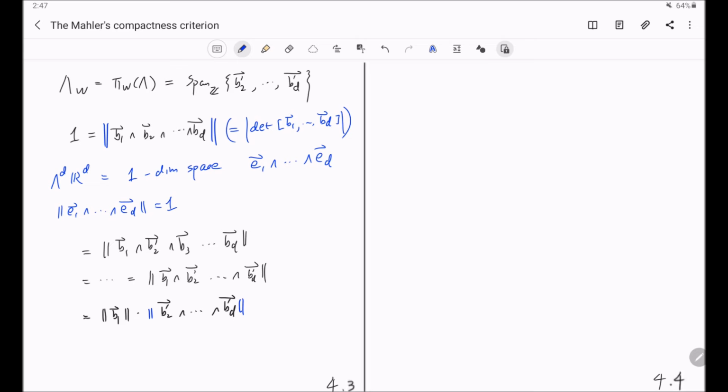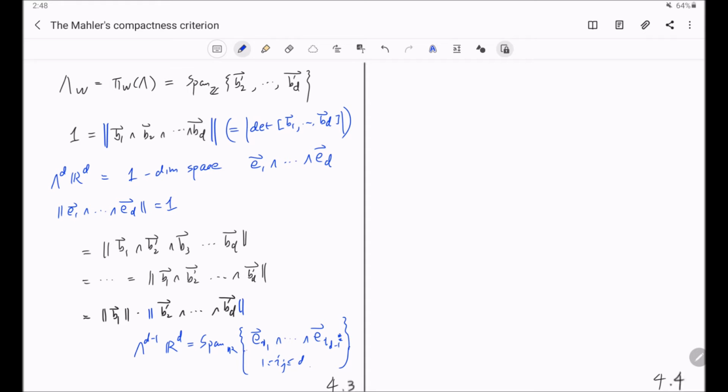This is defined because this time you are taking the d-1 wedge product of R^d. This space is spanned by the vectors e_{i1} all the way through e_{i,d-1}, where each index i_j is between 1 and d.